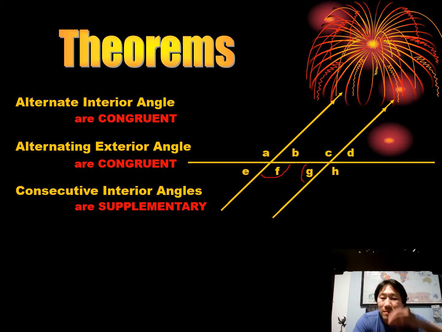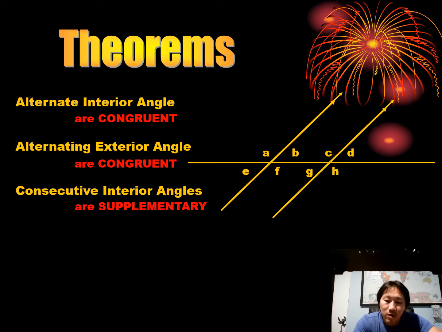Hopefully you remember what supplementary means. Supplementary angles means that when you add them together, they equal 180. So F and G, when you add them together, equal 180. Also, B and C are consecutive interior angles, so they are also supplementary. They also add up to 180.